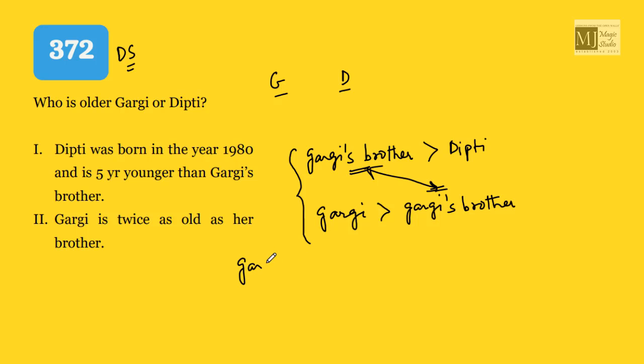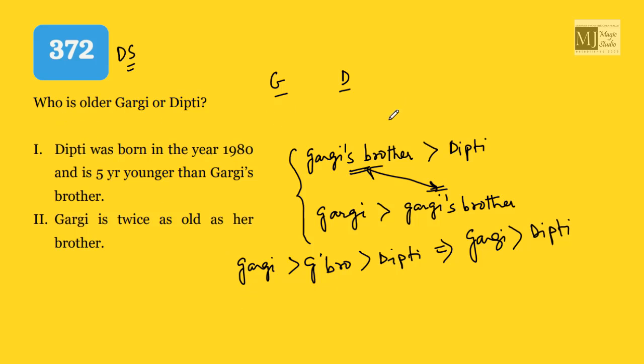So I can write Gargi is elder than Gargi's brother, who is elder than Dipti, which gives us a solution that Gargi is elder than Dipti. That means who is older? Gargi is older. Now we can answer this question by combining the two statements. So option C fits in.